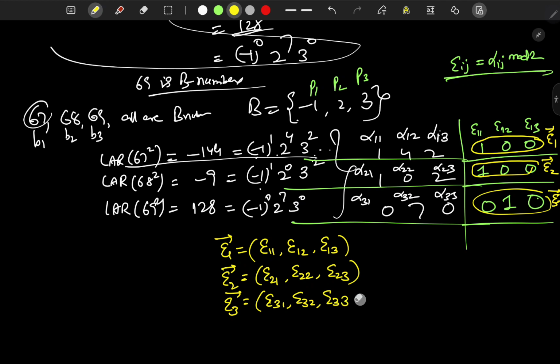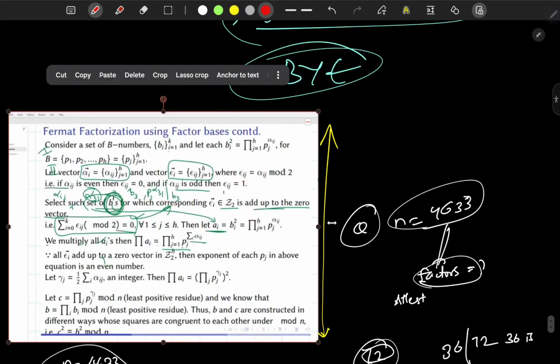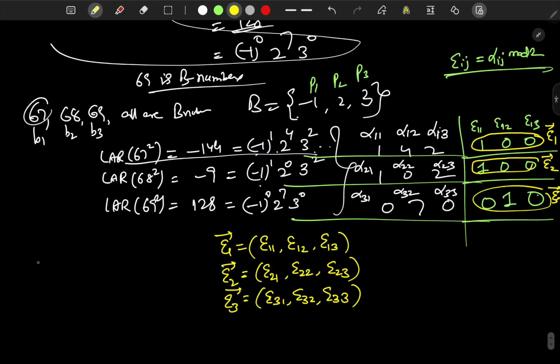Okay, now the important step is, see, read this one so that you will realize. It is to select only the set of bi's for which the corresponding epsilon vectors add up to 0. So you got it. Out of this whole set, what is b1 b2 b3?